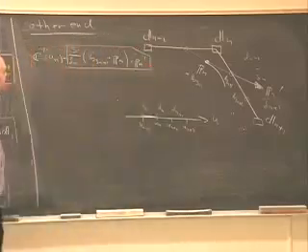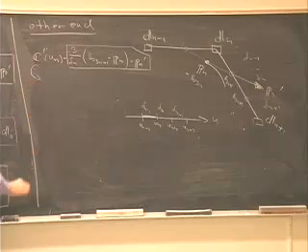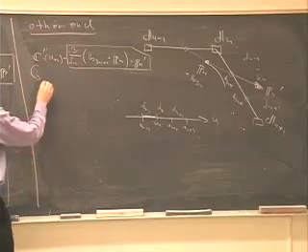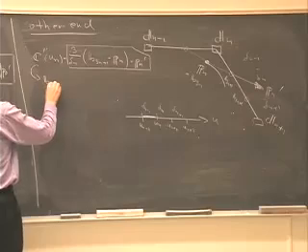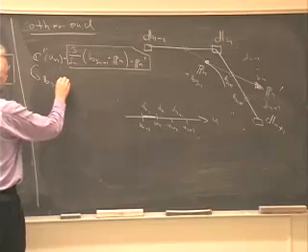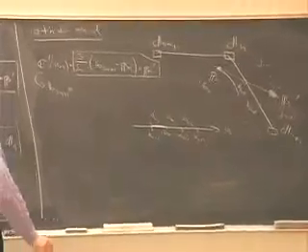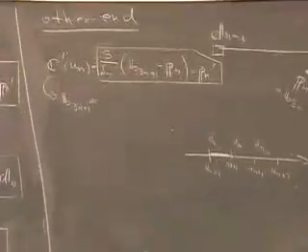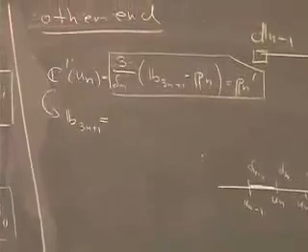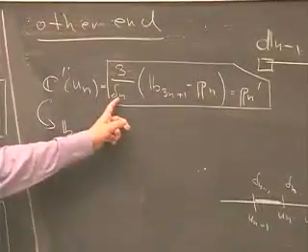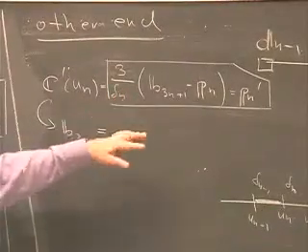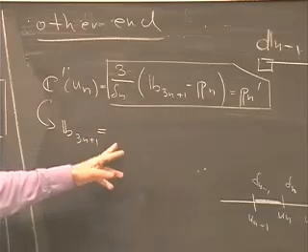Okay, so we solve this for b3n plus 1. When I do that, I get b3n plus 1 equals, what is it? Do you see that? Can someone help me what it is? I multiply by delta n divided by 3 and then collect terms. So what is it?